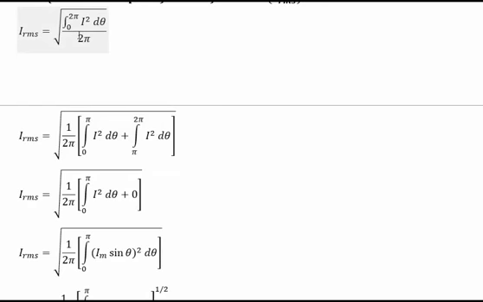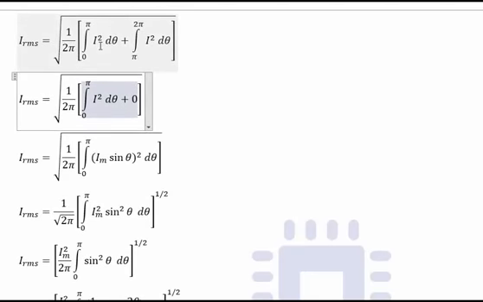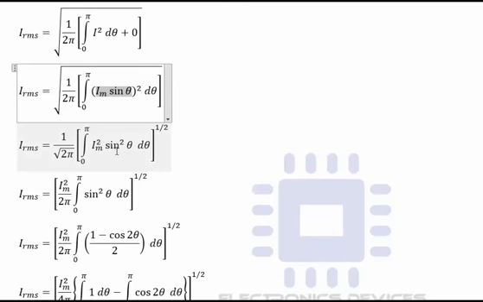Now coming from the start again, this 1 upon 2 pi will remain within the root, and this range will be split into two ranges, from 0 to pi and pi to 2 pi, and this will become 0 here. And this I square, actually I is Im sin theta, so it will be Im sin theta whole square, that will become Im square sin square theta.